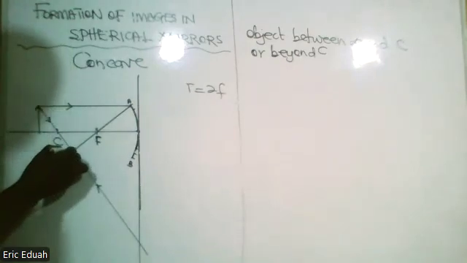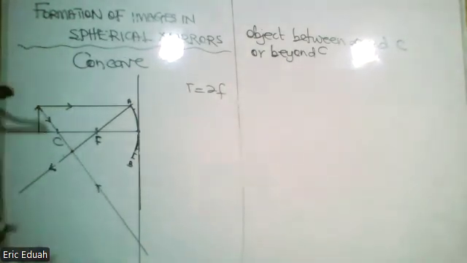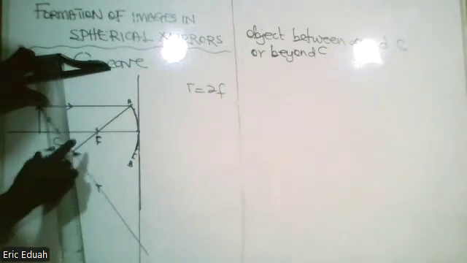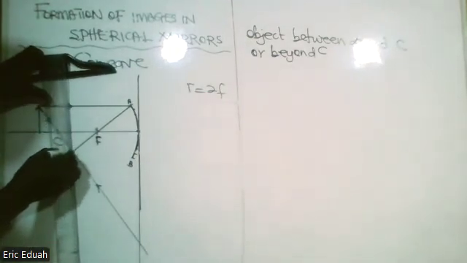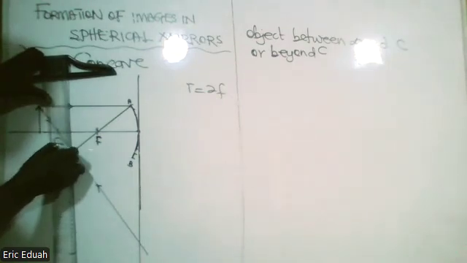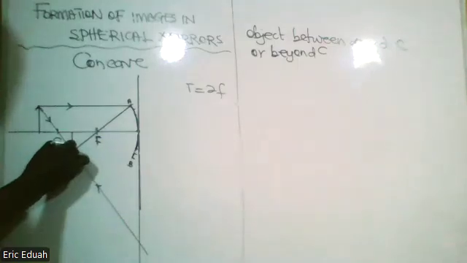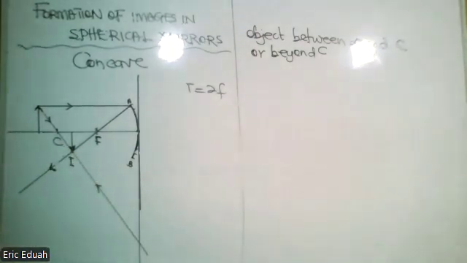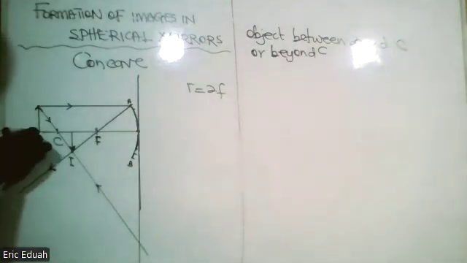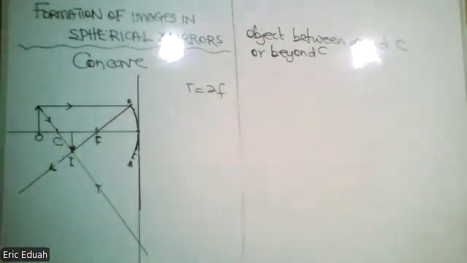The point of intersection of the rays will be the head of the image. The foot of the object and the image is always on the principal axis. This becomes the image. So when you compare the object O to this image will come there.